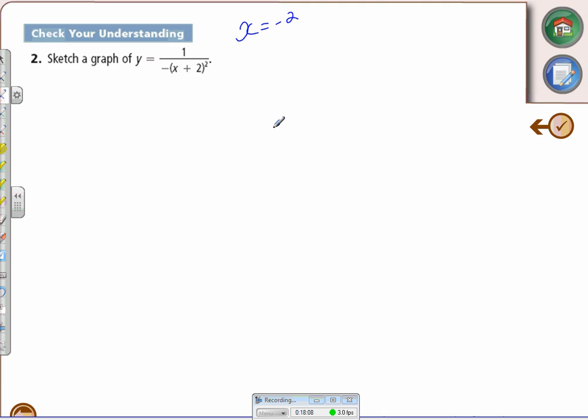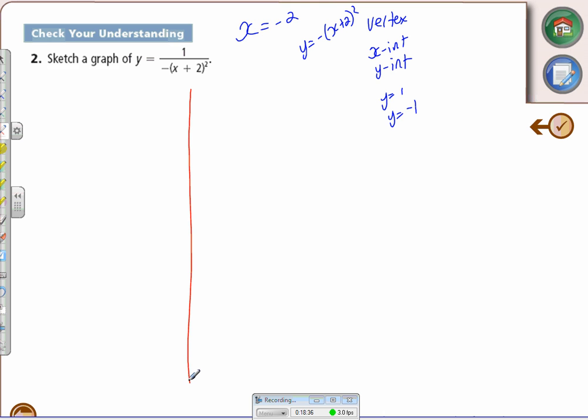So we want to know where's the vertex, again, of the original y equals -(x plus 2) squared. We want to know the vertex, the zeros, the x-intercepts. The y-intercept is always a good one to know as well. And we want to know when y equals 1 and y equals -1. Plugging all those things in really helps out.